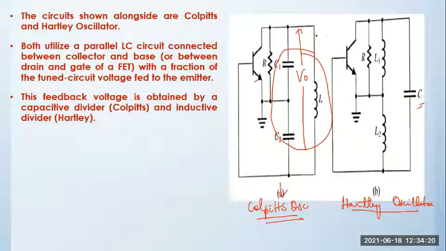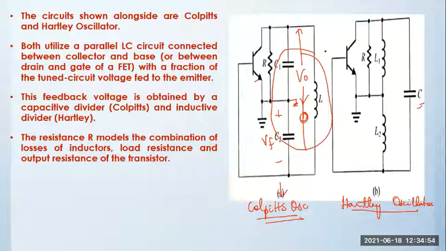So the total voltage across the inductance, or from this to ground, would be the output voltage. Now the voltage across this capacitance would be the feedback voltage, which will appear in series with the input, or it will come on the input side. So the feedback voltage is across capacitor C2 and the output voltage is across the other capacitor.